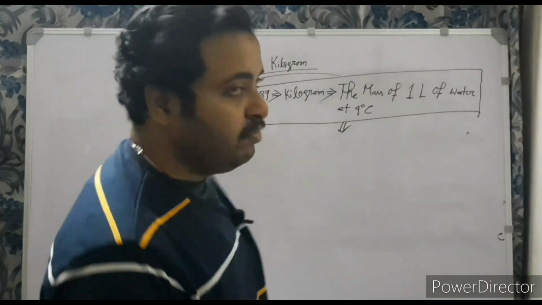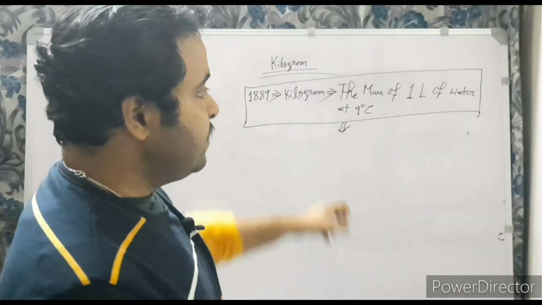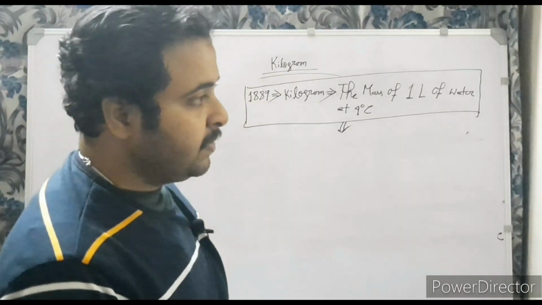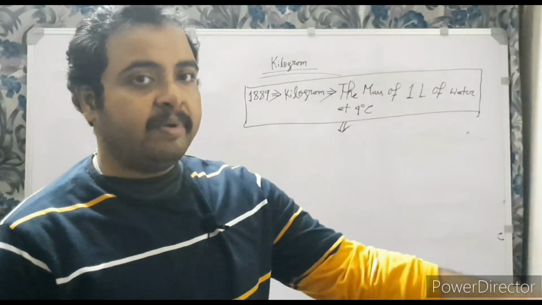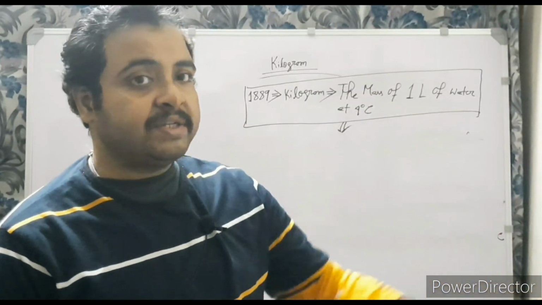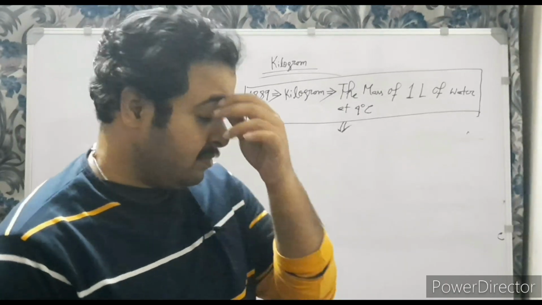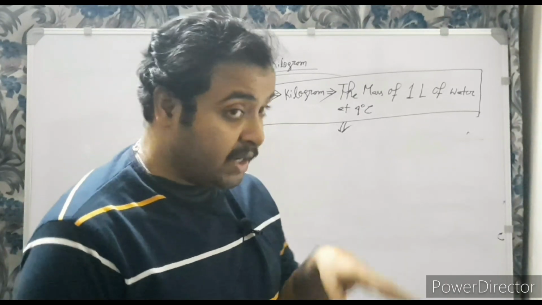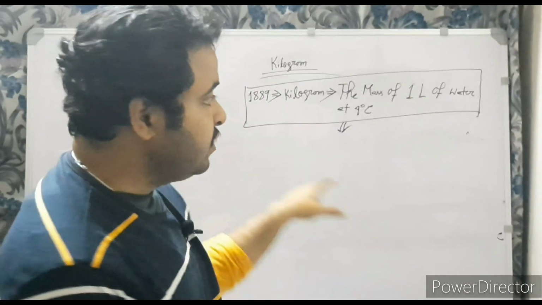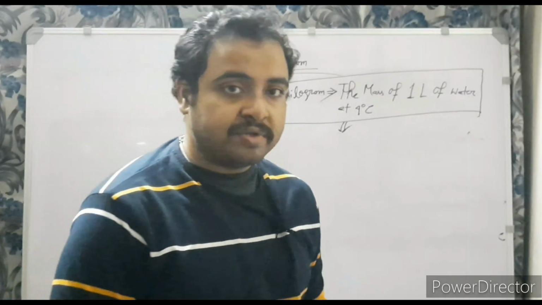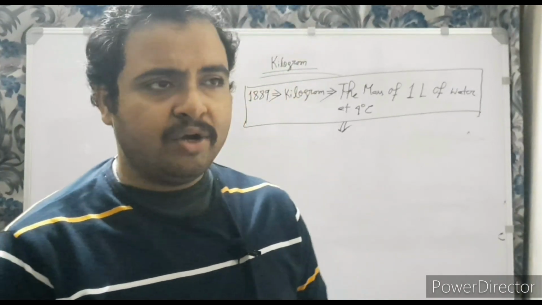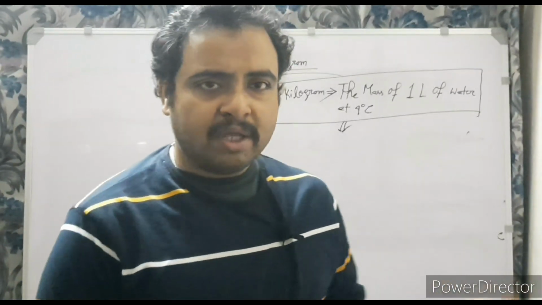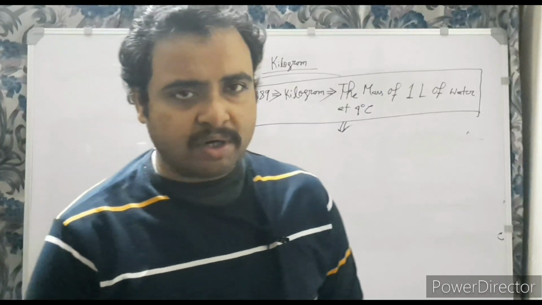Just like they did with meter and second, as they have the perfect value, they can define the value with another parameter which is universally constant, right. So now currently it is defined with the Planck's constant, but this is a lecture of class 9, so you don't need to know about the Planck constant or how it works.